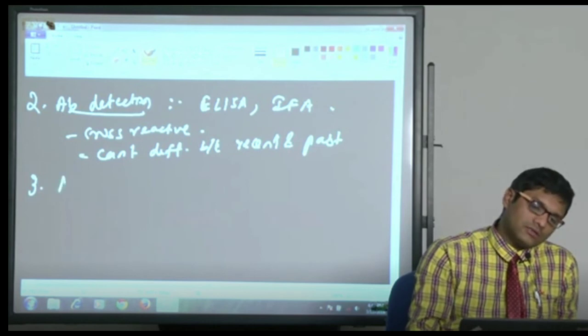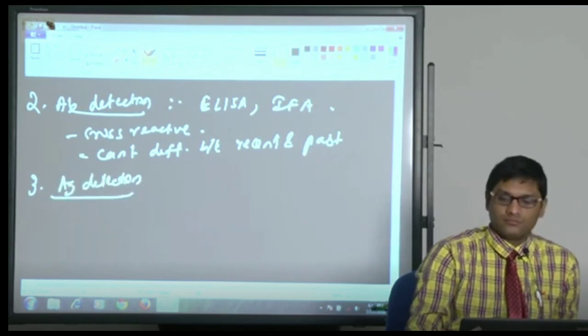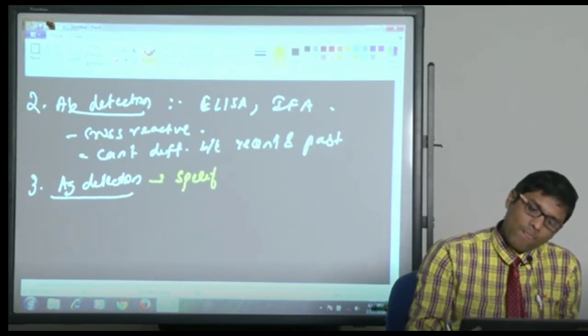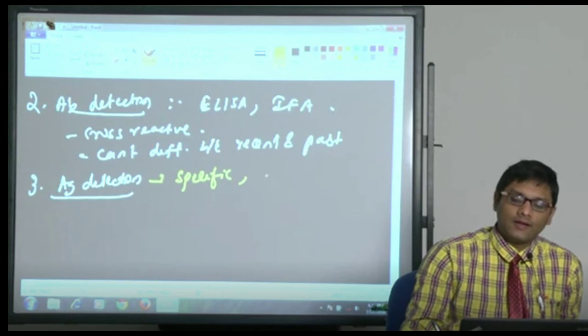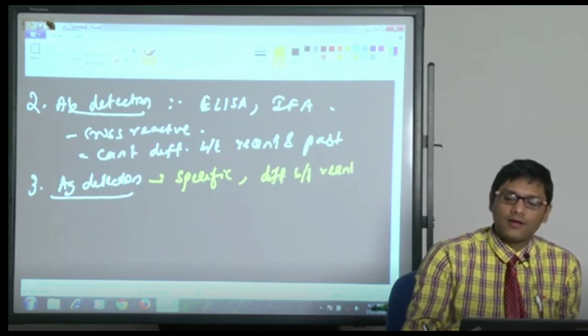In contrast, antigen detection is very popular. Antigen detection is specific as well as it can differentiate between recent and past.